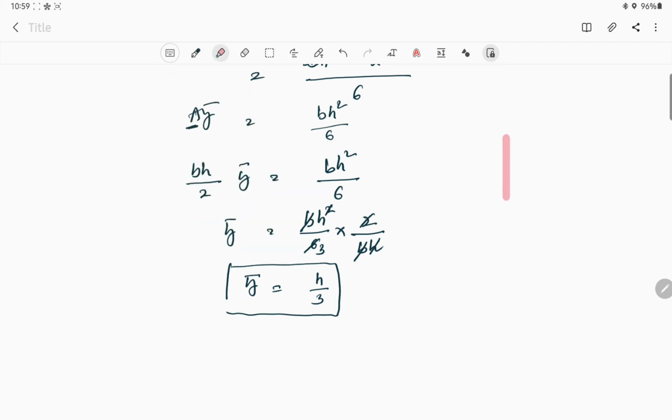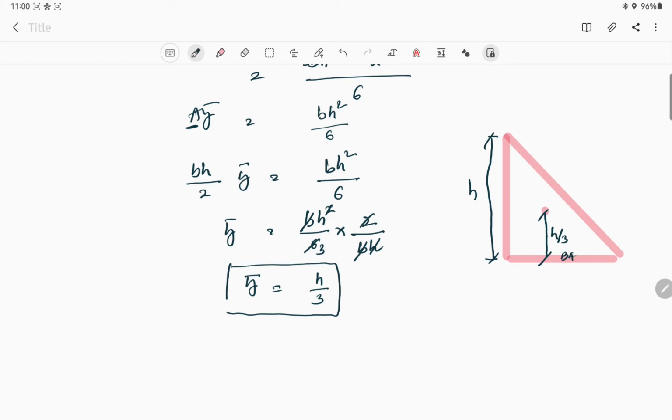So this is my triangle, and this is the centroid of the triangle. Suppose that is the centroid, then according to our calculation, if this is h, the height is h by 3. The centroid of a triangle lies at a distance of h by 3 from the base.